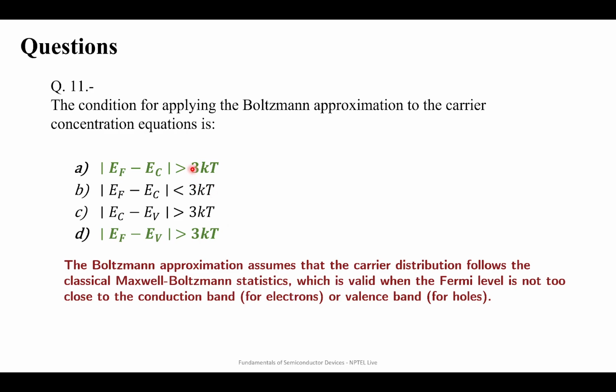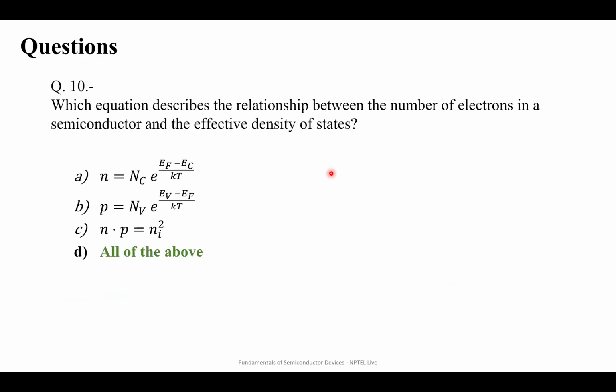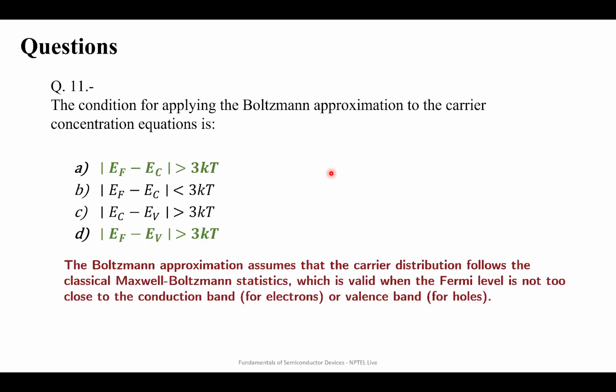Only when the distance is greater than 3 kT can we apply the Boltzmann approximation, which is the formula we had just seen. These formulas come from Maxwell-Boltzmann statistics. If it is less than 3 kT, we call them highly doped semiconductors. We'll study more about them later.